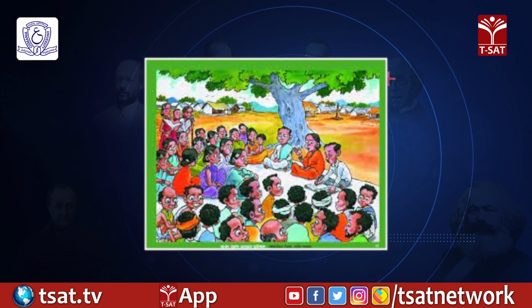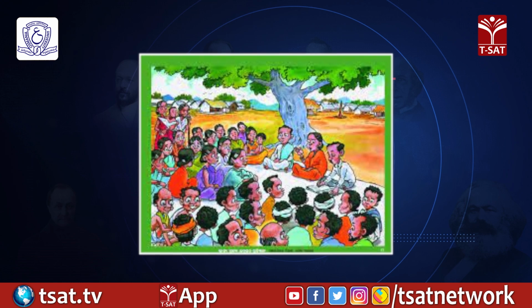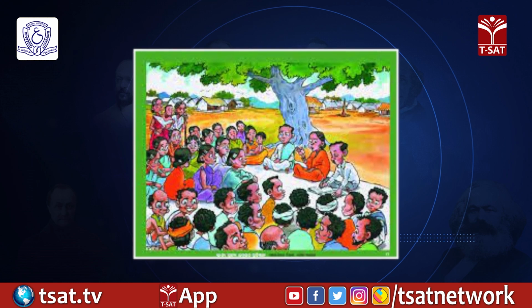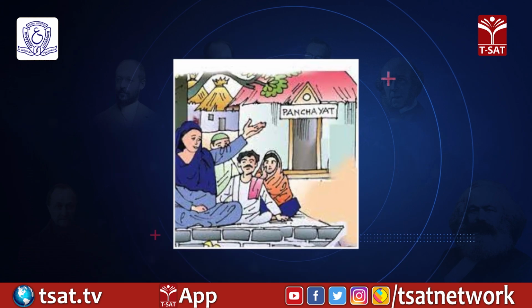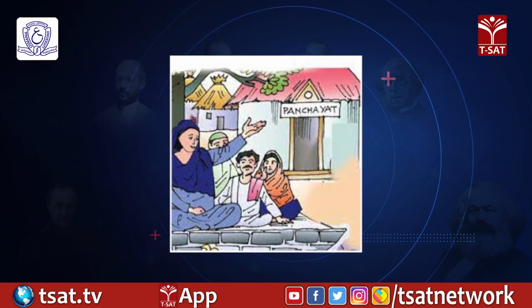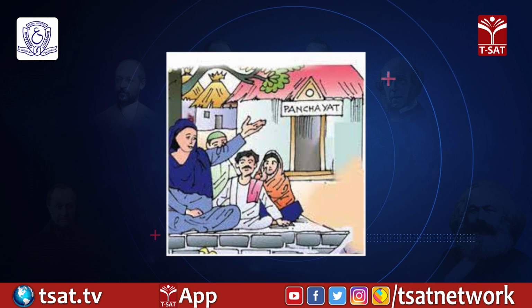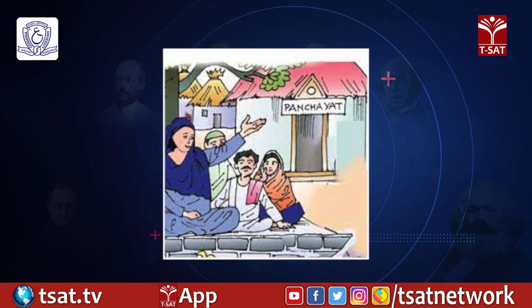Panchayat Samitis are required to supervise the working of village panchayats falling within their territorial jurisdictions, approve their budgets, coordinate the development plans prepared by them and submit them to the Jilla or district panchayat so as to be incorporated in the district development plan.